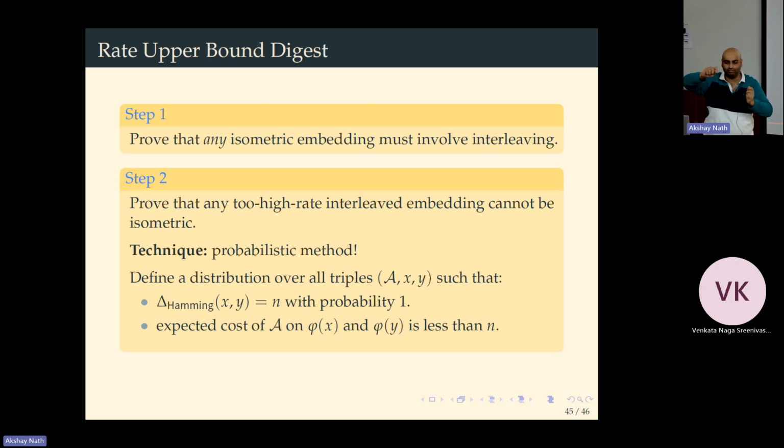I loop back and I get something which is not happening. Do you see this? So let's say I have a fixed embedding where the ith bit of the input goes to some i prime bit of the output and then some other bit of the output and so on. And maybe there are 2 input bits which contribute to what an output bit is. Okay, so we have all these things.